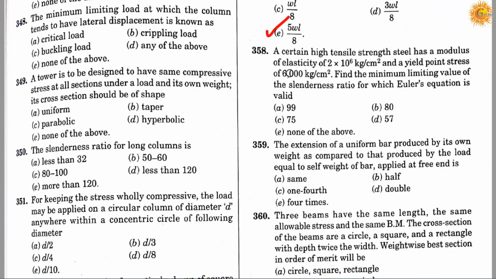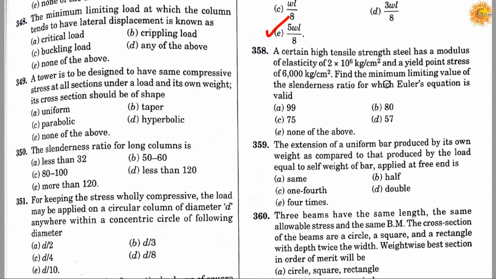Question number 358. A certain high tensile strength steel has a modulus of elasticity of 2 into 10 to the power 6 kg per centimeter square and a yield point stress of 6000 kg per centimeter square.